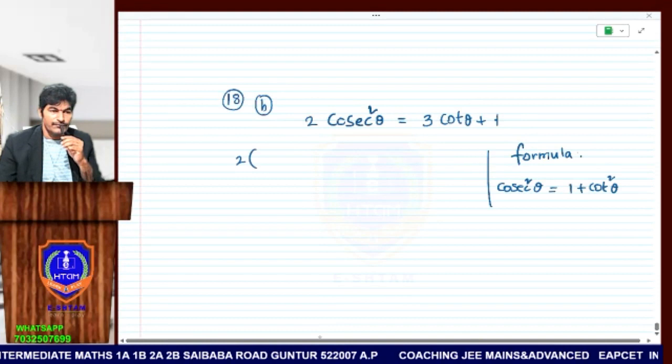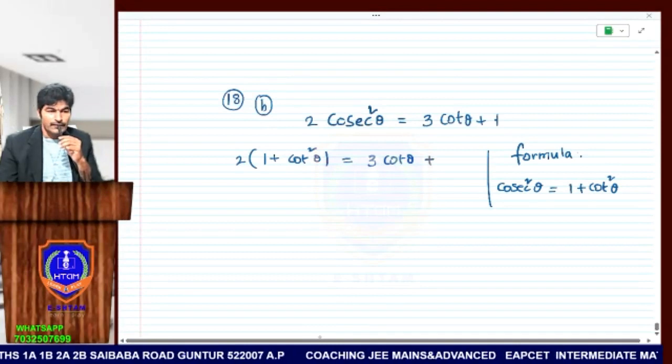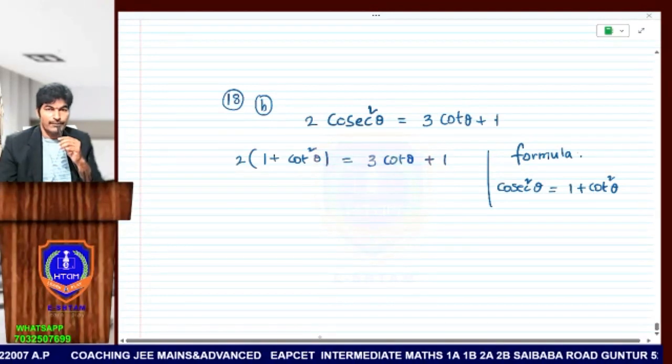So 2 times cosecant square theta, you can write 1 plus cot square theta, equal to the remaining right hand side part, which is the same, 3 cot theta plus 1. Now look at this equation. This step makes the entire equation in a single term, which is cot theta. So every time you have to keep all the terms in a single trigonometric function.